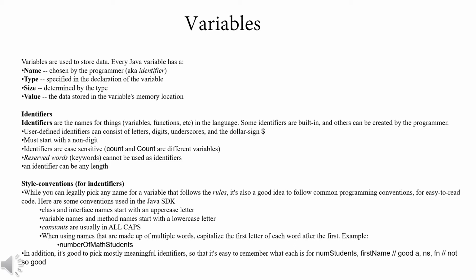Size will specify the size that variable will have inside the memory. So the size is based on the type. So integer, double, and character are the types of variables, and each of them can have a separate size in the memory. And then we have a value, so each variable can have a value.